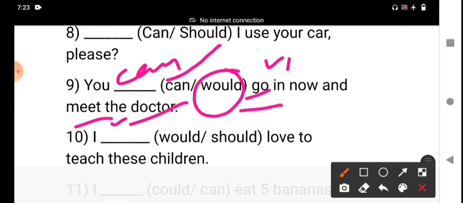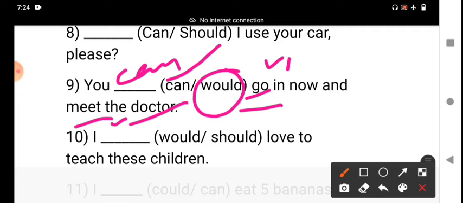One of the functions of can is often giving permission, seeking permission or asking permission. Can I come in, sir? Can I go, sir? May I come in, sir? That is seeking and asking permission.